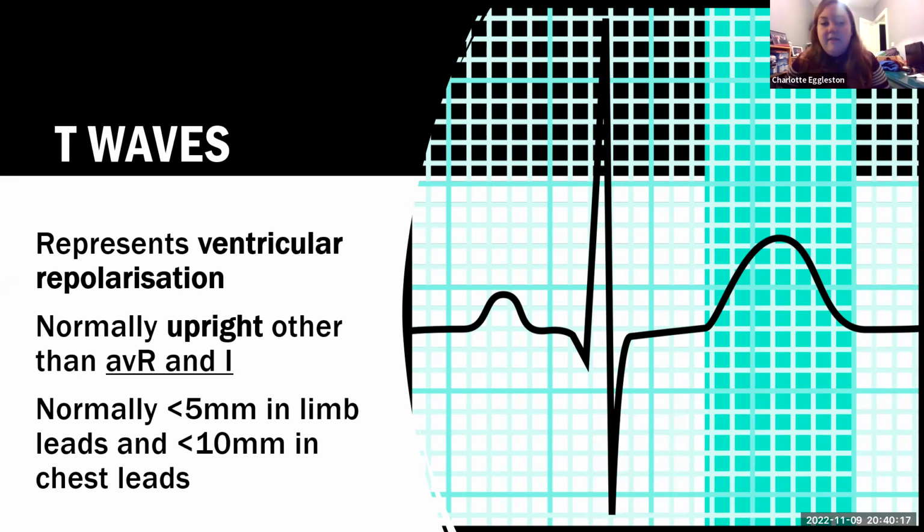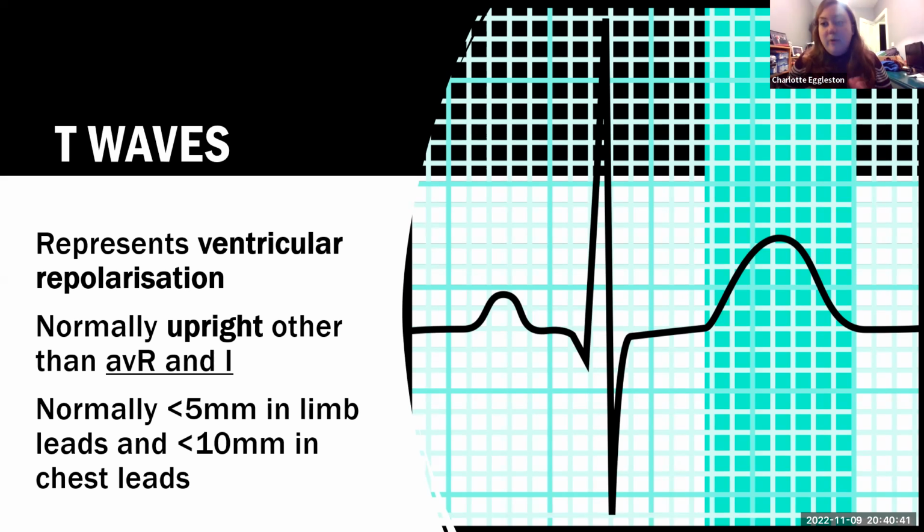So don't be too worried if they're inverted in those leads. Effectively, they should be in proportion to the QRS. So on there it says they should be less than 5 millimeters or less than 10. If you've got a QRS that's absolutely massive, so someone's got big hypertrophy, then the T wave tends to be bigger because you've got more mass to repolarize as well as depolarize.